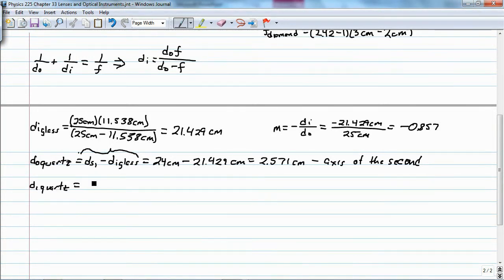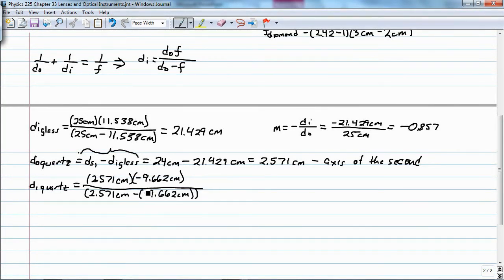Now I can calculate the image for the quartz, and that's just going to be equal to the 2.571 centimeters times our focal point for the quartz, which was negative 9.662 centimeters, and divide that by 2.571 centimeters minus a negative 9.662 centimeters.